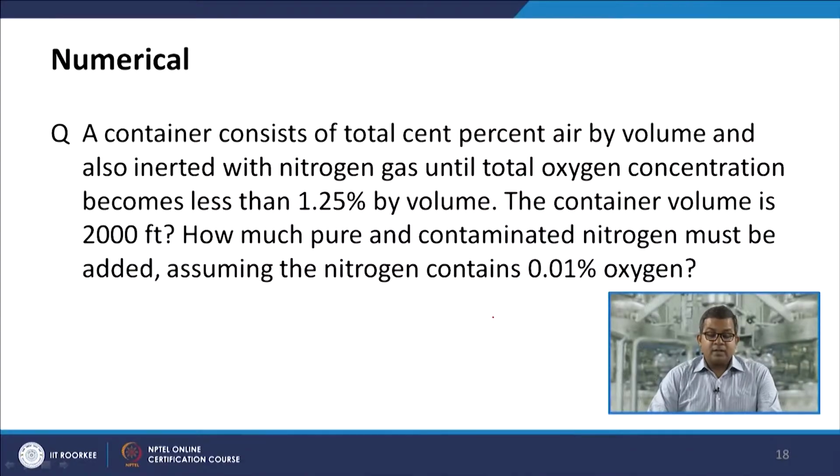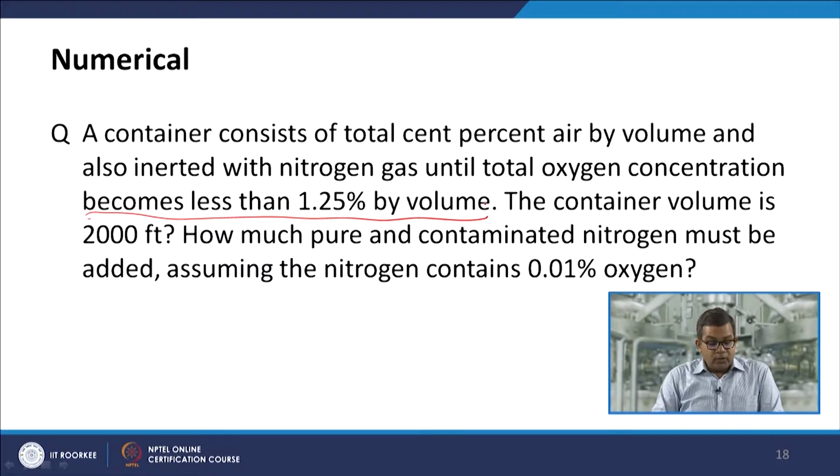Now at the end, we would like to discuss a couple of numericals through which you can understand this particular chapter well, although there are certain things given in the reference and you can have a look at all those things. As far as the first numerical is concerned, the container consists of a total percent air by volume and is also inerted with nitrogen gas until the total oxygen concentration becomes less than 1.25% by volume.